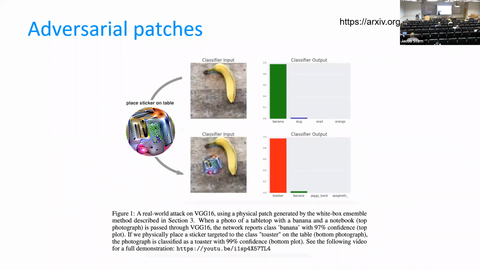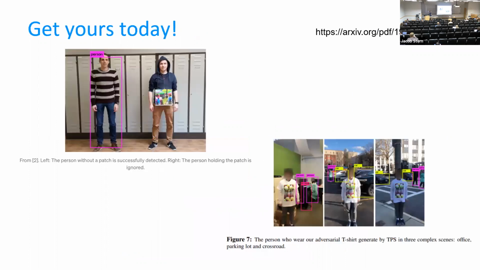So here we have an image of a banana on a table classified with high confidence as a banana, maybe a little bit as a slug. We put the adversarial sticker on the table, and suddenly it's a toaster. And it works, and this universal perturbation also works with stop signs. So you can definitely see the potential issues with this.